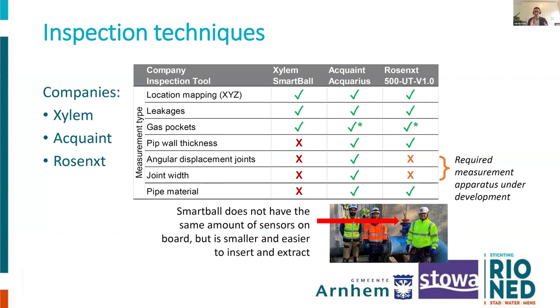So it really depends on the types of failure mechanisms and measurements you're interested in, which technique you would use, because inserting and extracting the smart ball is a bit easier. Yeah. And for Rosen, the angular displacement and the joint width is still something they're developing. So it's coming, but we didn't get the measurements from it in this test.